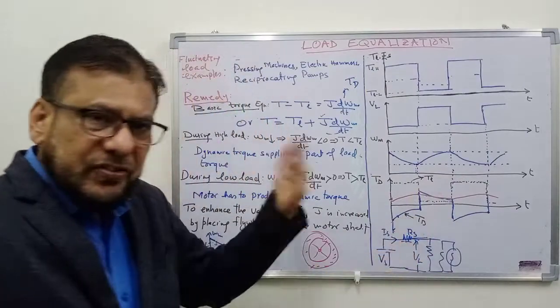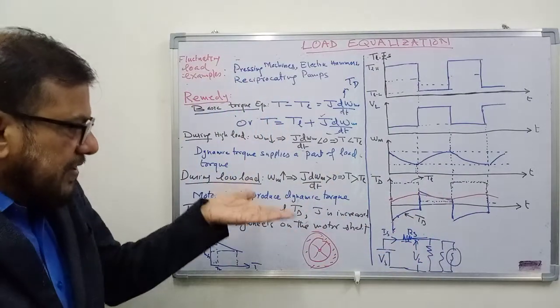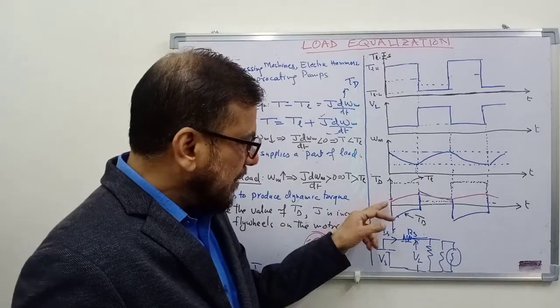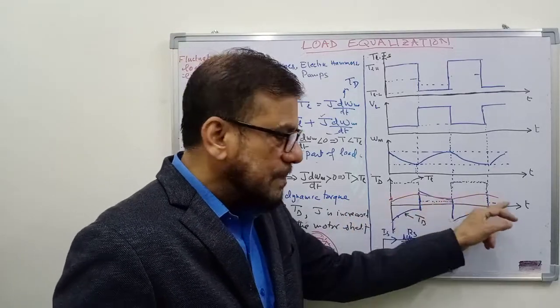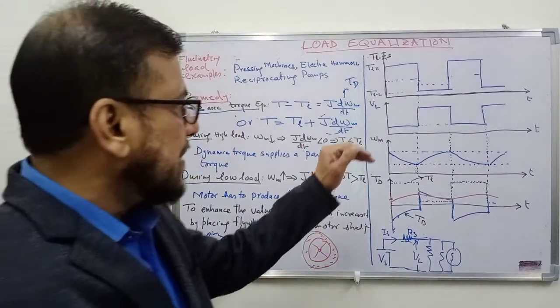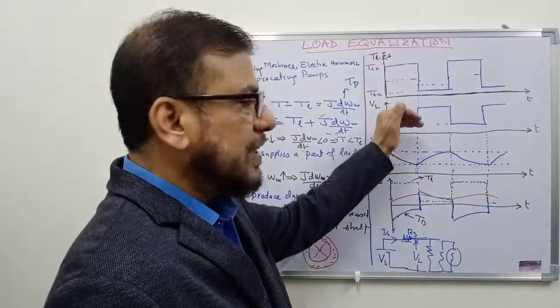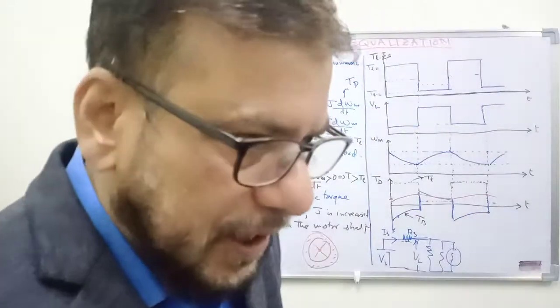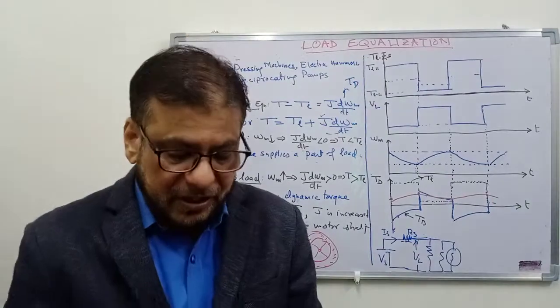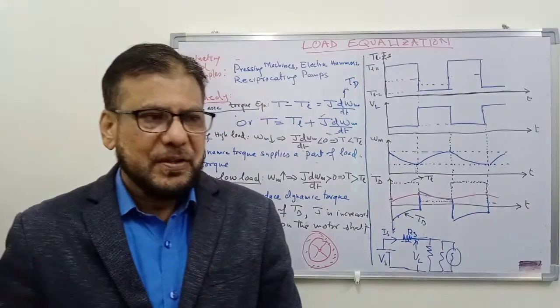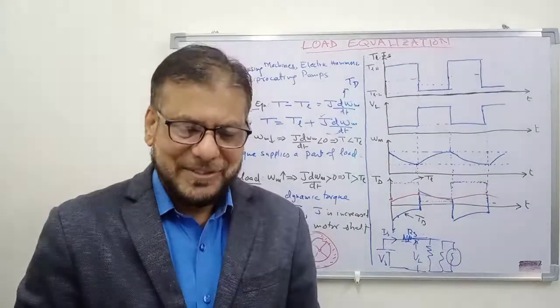If you have increased the value of J to enhance the value of TD, dynamic torque, then you will get a characteristic like this. In that way, you can reduce the fluctuation in the line current and the line voltage. So that is the remedy that you can apply in case where the loads are fluctuating in nature. So that is all for today's lecture.